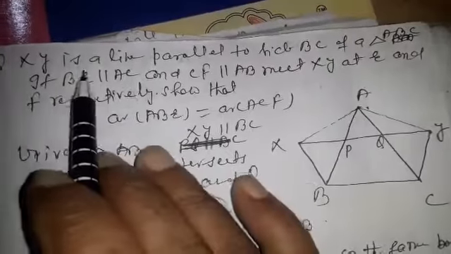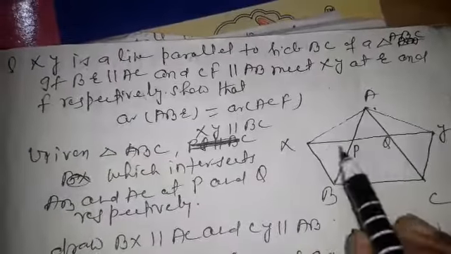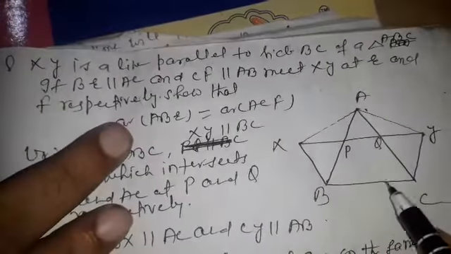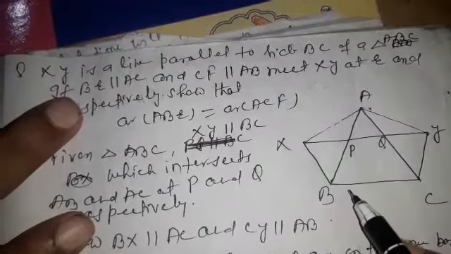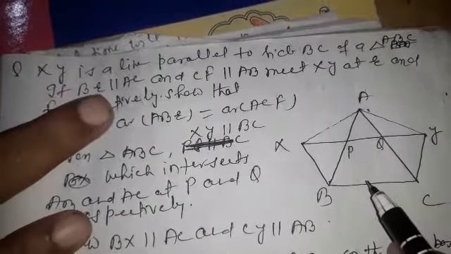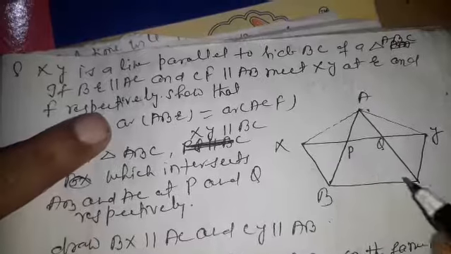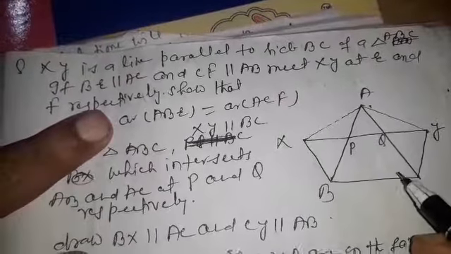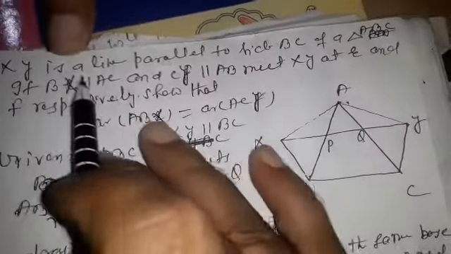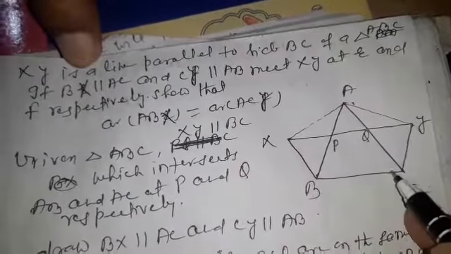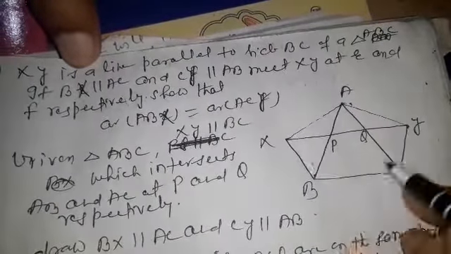Next question: XY is a line parallel to side BC of triangle ABC.